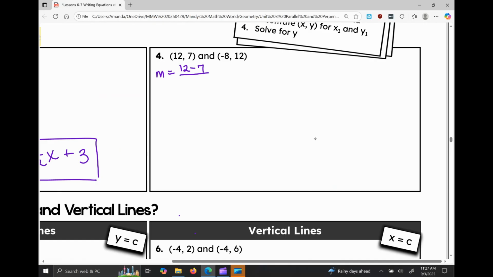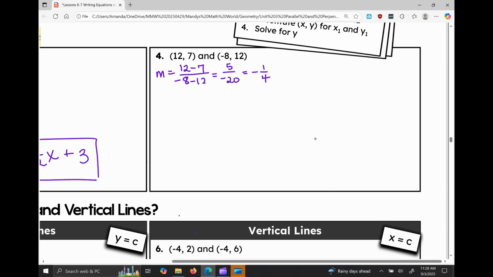So it's important to remember when we're using the slope formula that if we're doing 12 minus 7, we need to start with, in our denominator, -8 minus 12. Equals 12 minus 7 is 5, and -8 minus 12 is -20. This simplifies to 5 over -20 simplifies to -1/4.